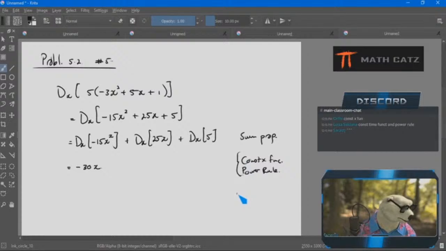That's okay. Now we're going to do it again. Well, this is the power of 1 there, right? So it's 25 times 1, so it's just 25 for the second one. Same properties that we used. We used constant times a function to keep the 25 in front. The power rule is technically the one that says derivative of x is 1.